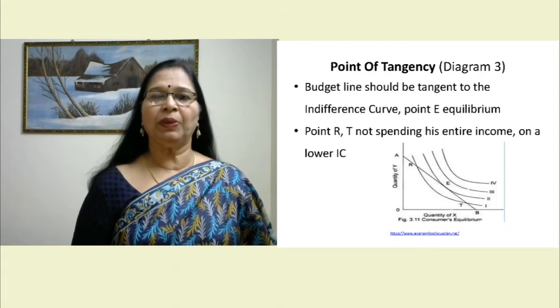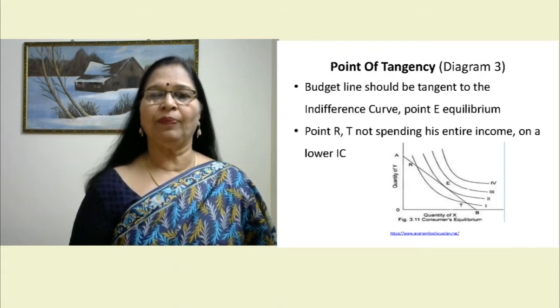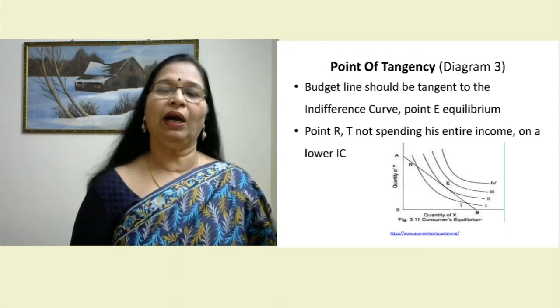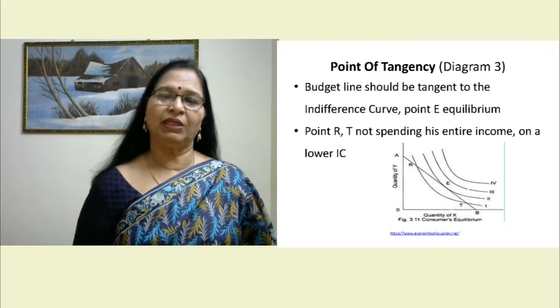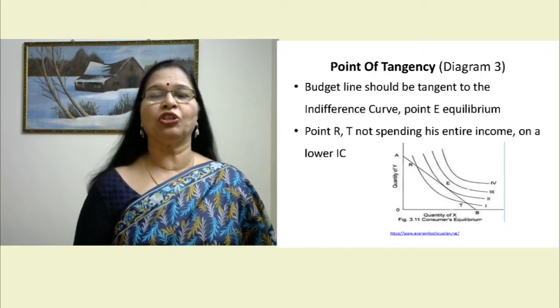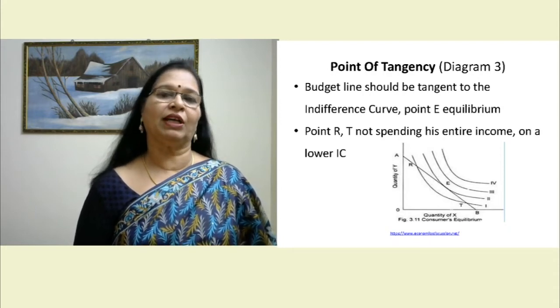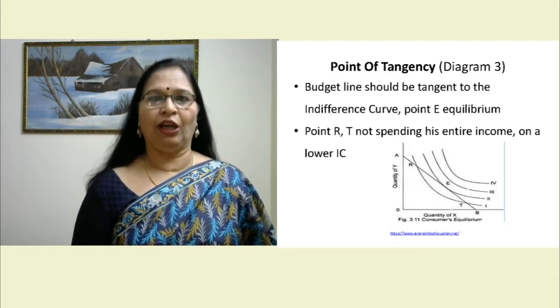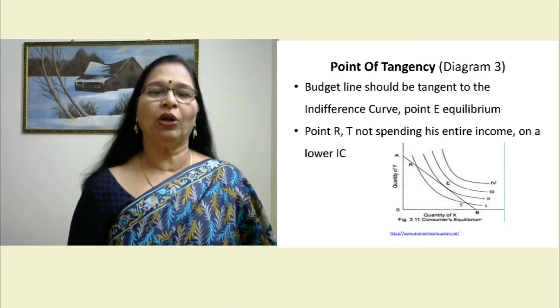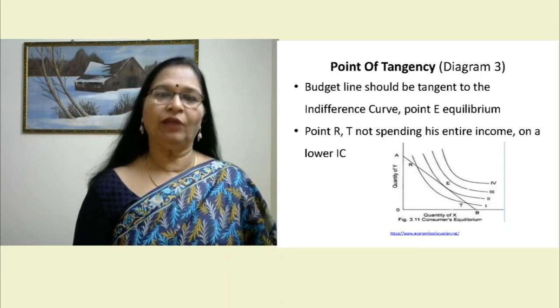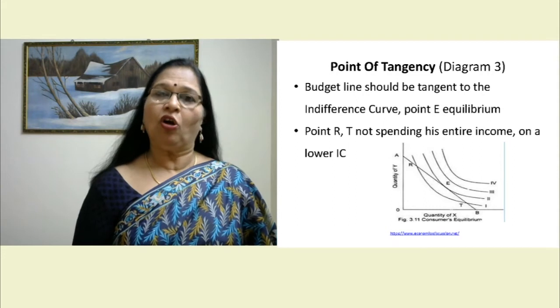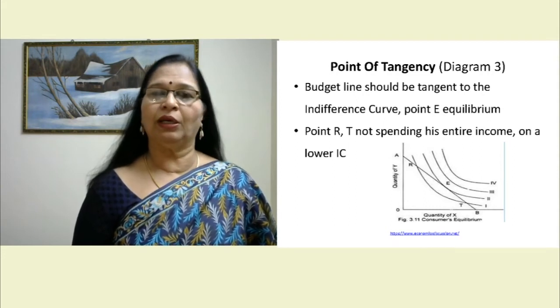Points R and T are also on the budget line, but they are on a lower indifference curve, which means the consumer is on a lower indifference curve than what he can actually afford to consume. So the point of equilibrium is where the indifference curve is tangent to the budget line.